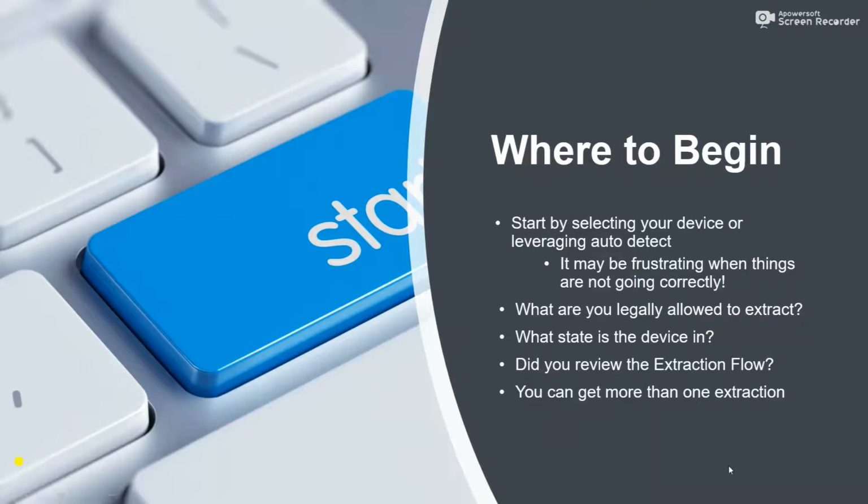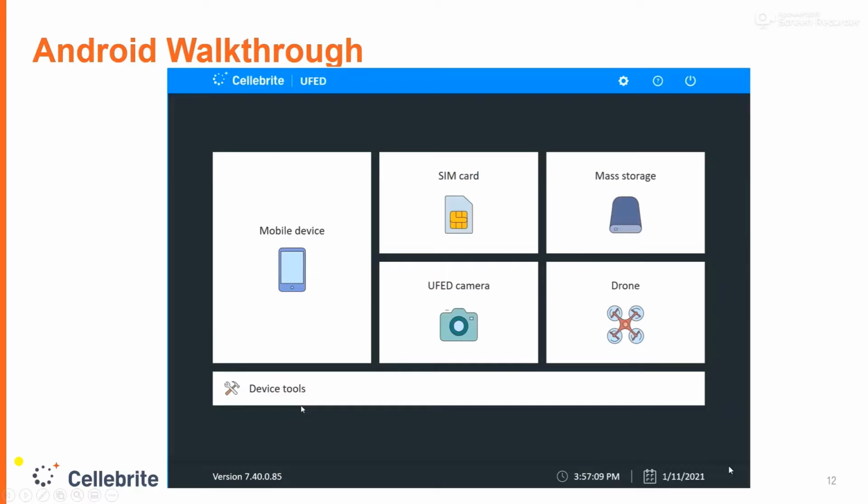Because that's obviously going to be a huge thing. Mobile device extraction can take some time. It's not always the fastest thing to do. Some Androids, imagine if you have a 256 gig Android that has a micro SD card inside of it that's also 256 gigs, that's going to take you some time to extract that information.